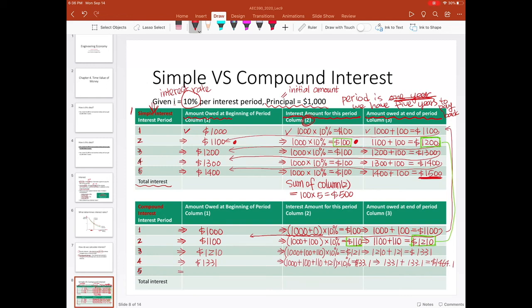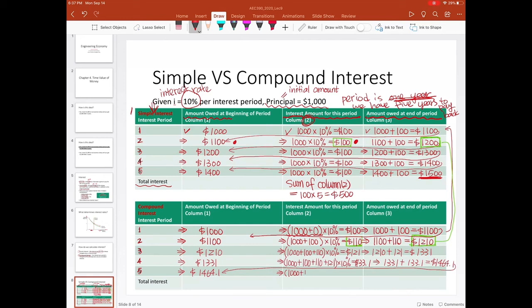Okay. Now let's enter the last year, the 5th year. At the beginning of the 5th year, how much you owe to the bank? You owe 1464.1. Okay, just copy that number from here. And then what is the interest? Compound interest is based on the initial amount you borrow, or the principal, plus all the previous interest.